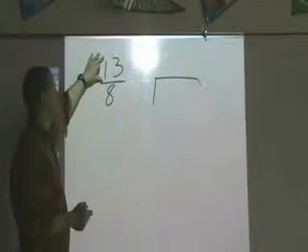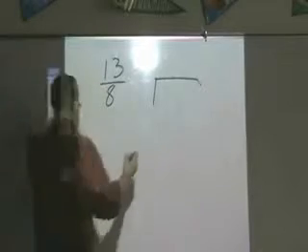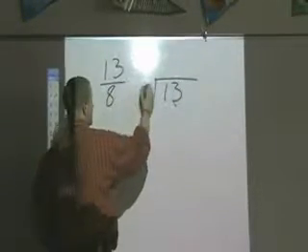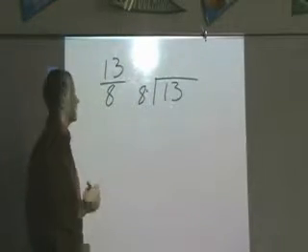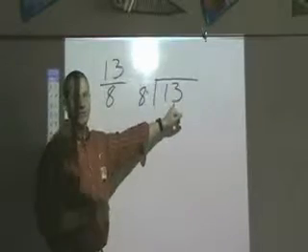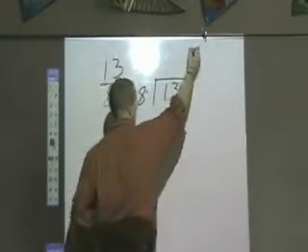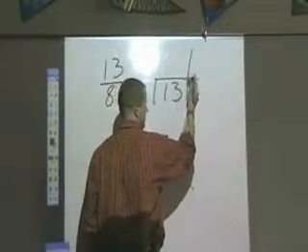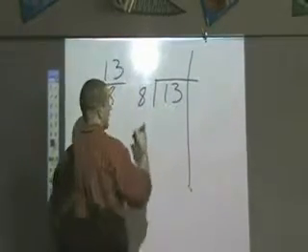Is it my cowboy or my horse? It's going to be my cowboy. 13. My horse, my denominator, 8, stays outside. So that's 13 divided by 8, or 8 dividing into 13. So remember, I'm going to draw my wall, and I'm not going to go past it. I'm not going to add a decimal and a 0 and keep going until I finish it out.